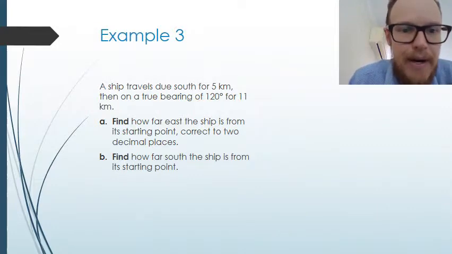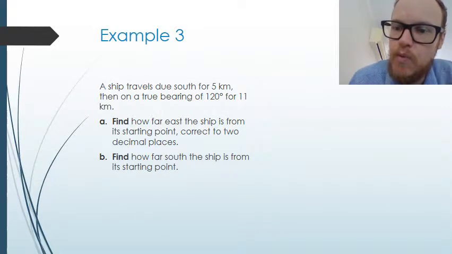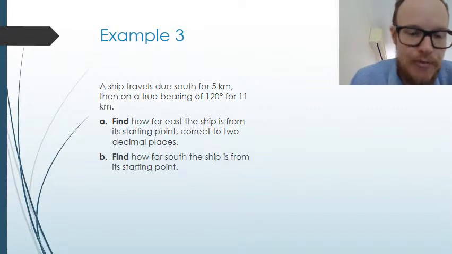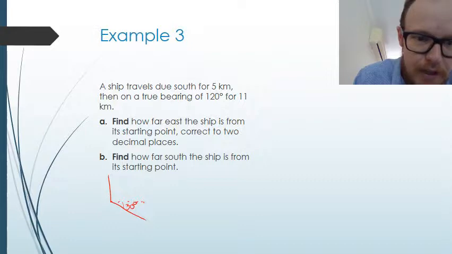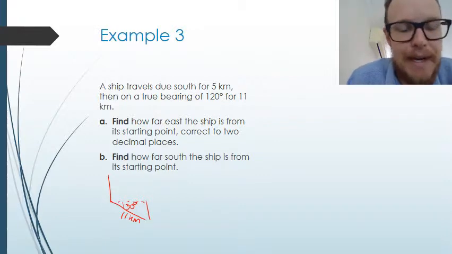For our part B, we need to use our same triangle. Remember, we've gone down by 5 kilometres, and then we've gone at an angle of 30 degrees here to the east, and then we've gone down a little bit more because of that, 11 kilometres, because we've gone at that 30 degree angle.